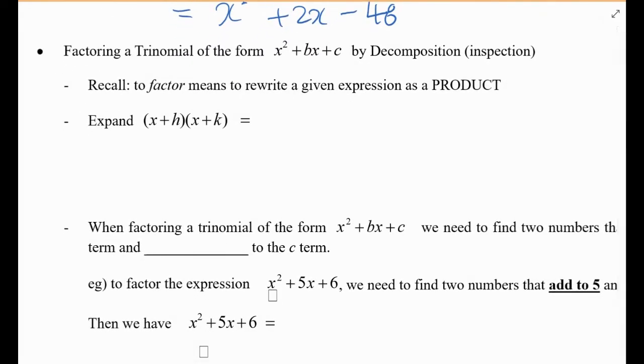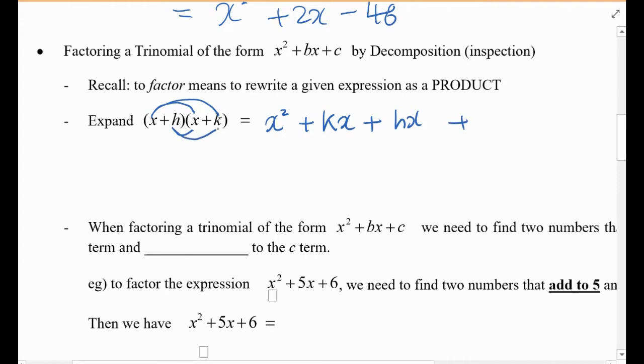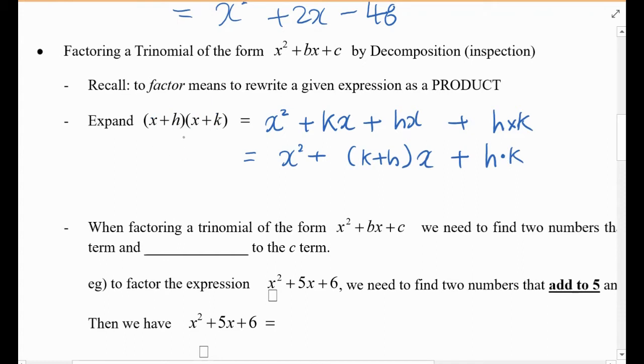So we're gonna make it more general. When you expand, it becomes x squared plus kx plus hx plus h times k. And let's combine the like terms: k plus h, and h times k.